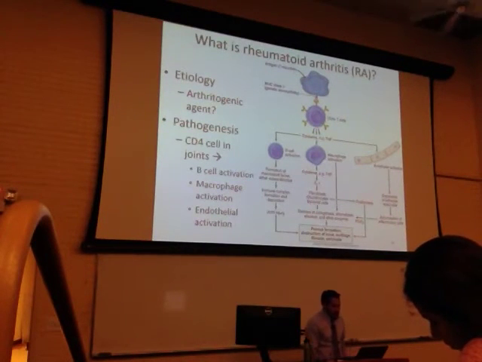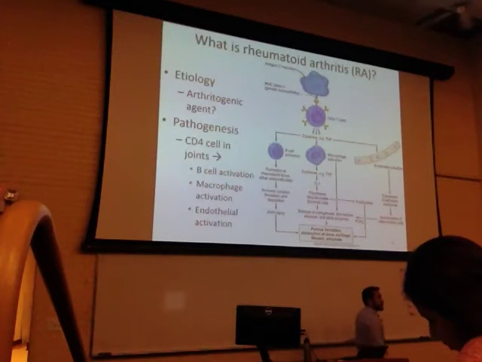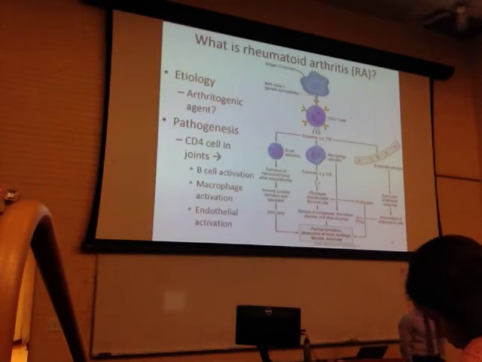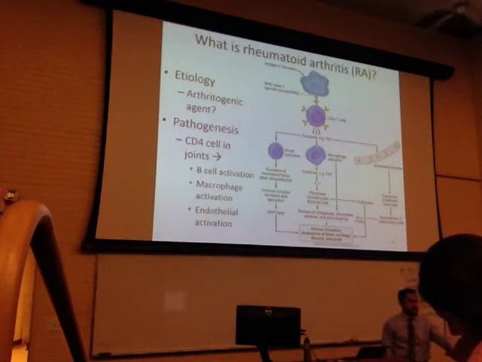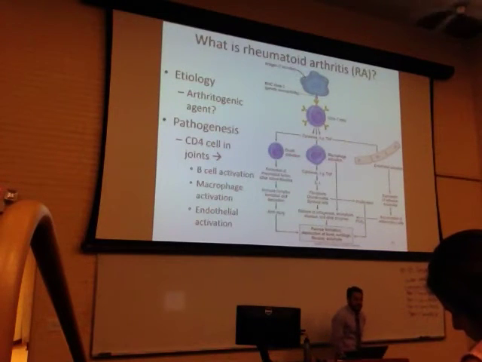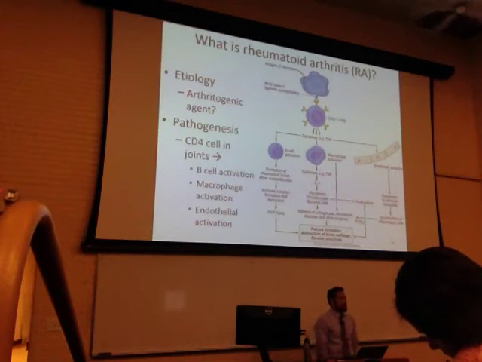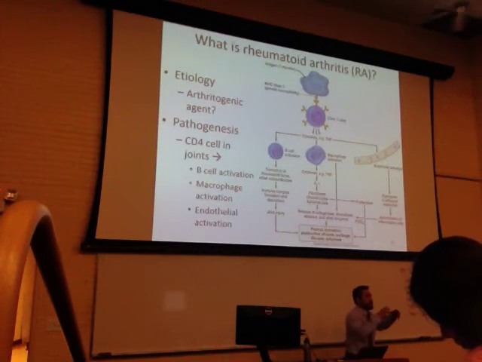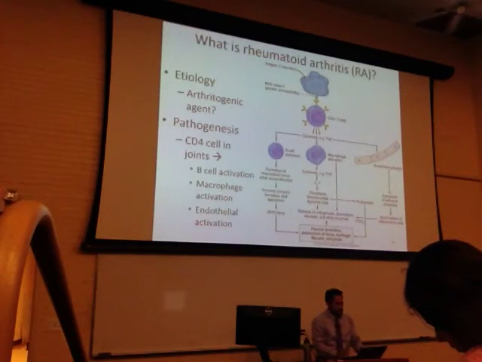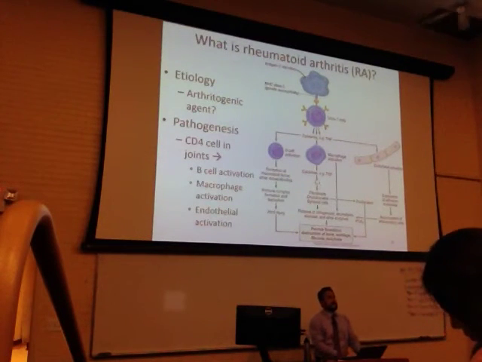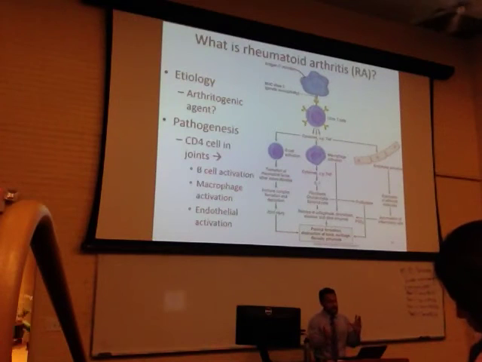Now, there is thought to be a B cell involvement in rheumatoid arthritis where antibodies are being produced, and we actually think that the antibodies being produced may be in response to a collagen type 2. But because we know that helper T cells are involved, we classify it as a type 4. Does that make sense?